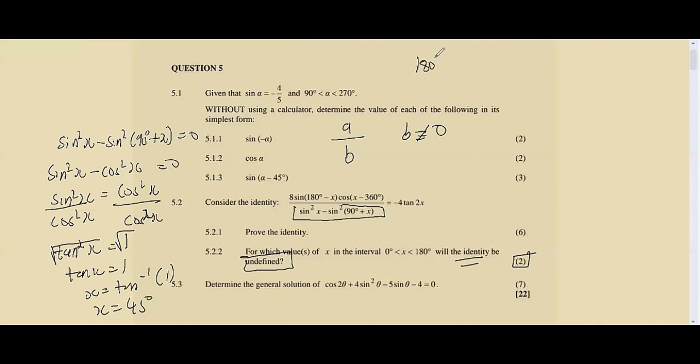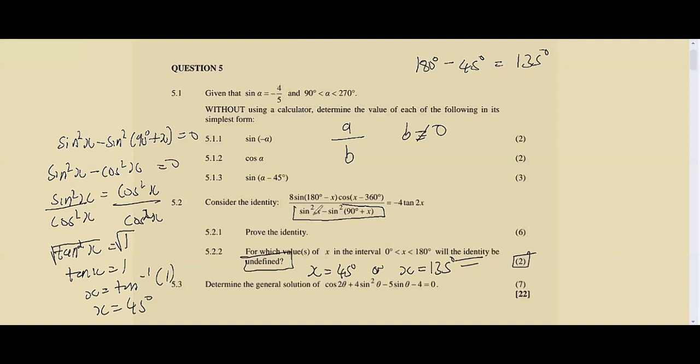So I will say 180 degrees minus my reference angle of 45. So I get my value as 135 degrees, meaning the two values for which the identity will be undefined is when x is equal to 45 degrees and also when x is equal to 135 degrees. So these are the two values for which the identity will be undefined.